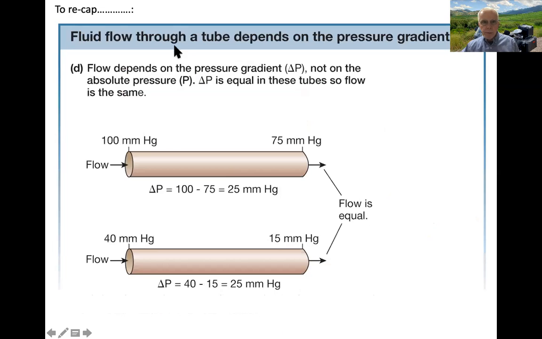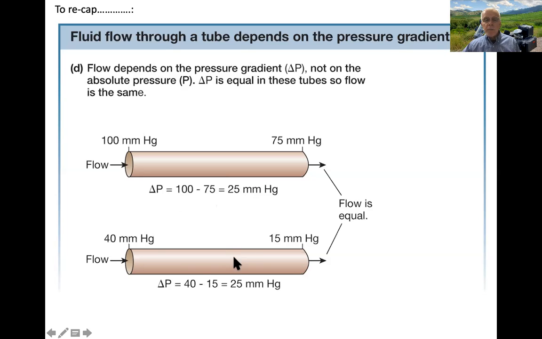Okay, so to recap, flow is only going to occur when you have a pressure difference. So how important is the absolute pressure? Well, here's a tube with a pressure at the left of 175 and 150 at the distal end. So the delta P is 25. So you're going to get blood flow, right? Or water flow, or whatever's moving through the tube.